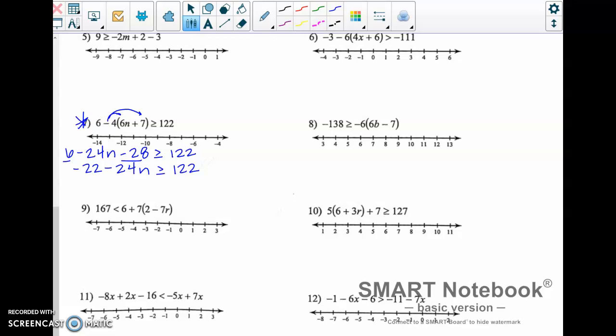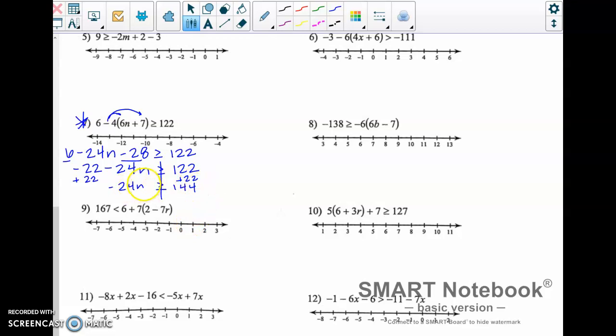At this point, we don't have variables on both sides, so we can skip that step. Now we start solving, so order of operations backwards. We're going to get rid of this constant first, this -22, by adding 22 to both sides. We draw a line down the symbol just to keep it separate. Then we're left with -24n is greater than or equal to 144.